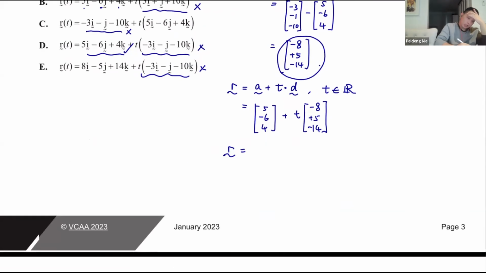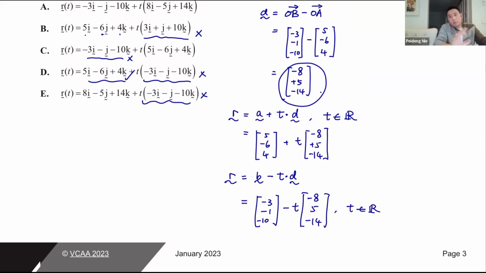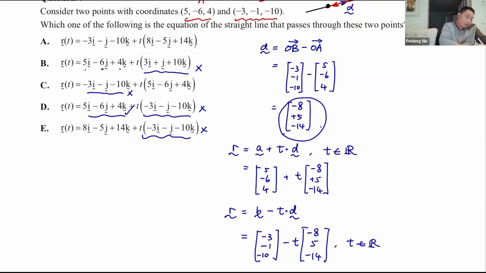So I could also write it as vector B subtract T times D, which means I'm going to use (-3, -1, -10), subtract T multiplied by my (-8, 5, -14), okay? This also works, just in the other direction, but it's eventually extending to both sides. So I'm going to choose option A, okay? That's it.